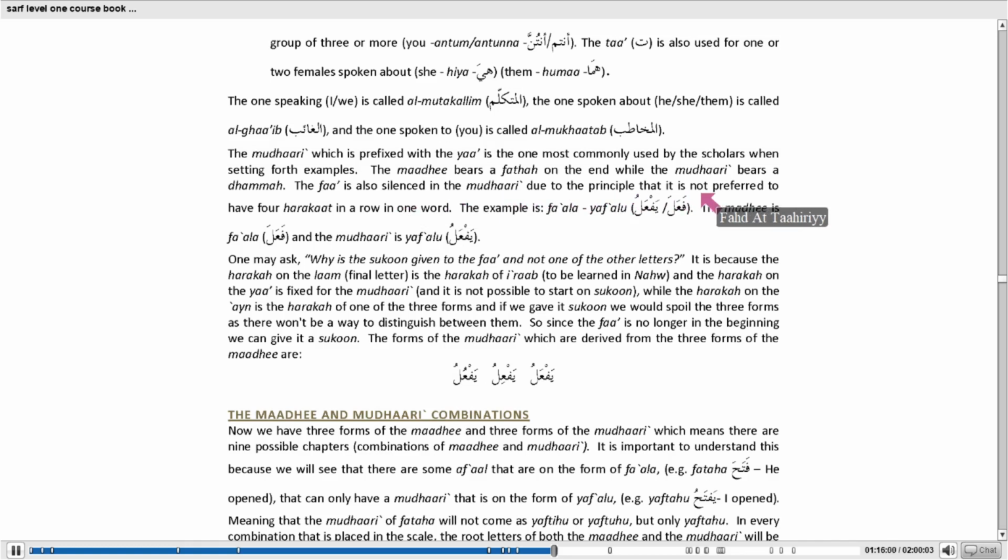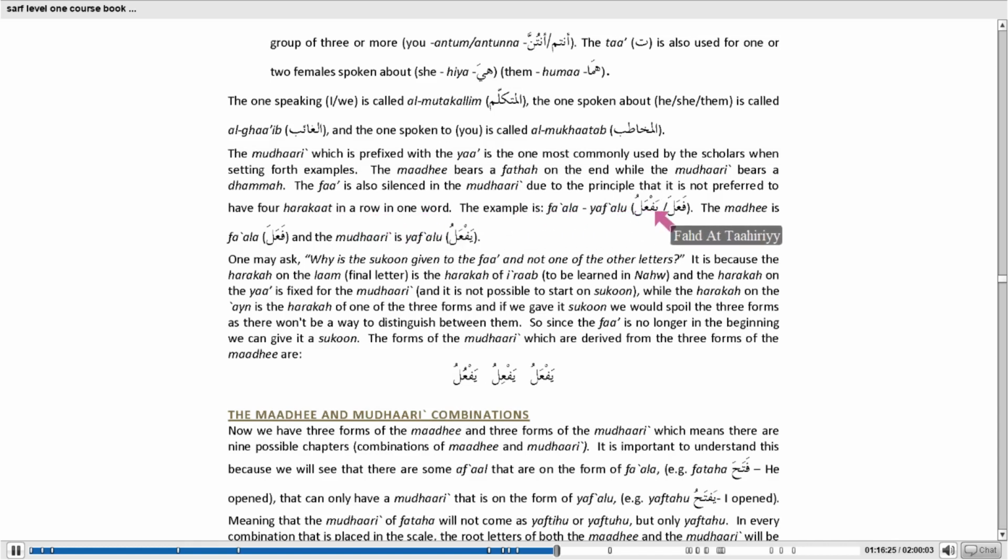This principle says it is avoided to have 4 harakat in a row in one word. So 4 harakat in a row is avoided in the Arabic language.